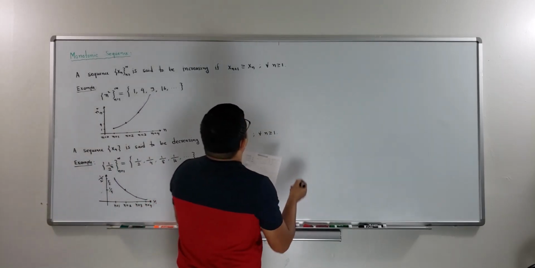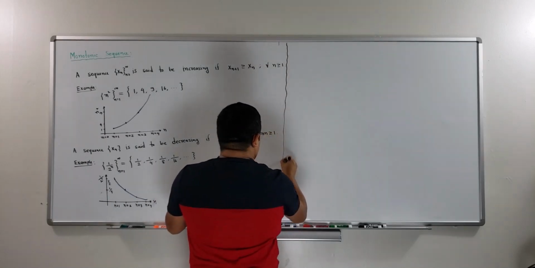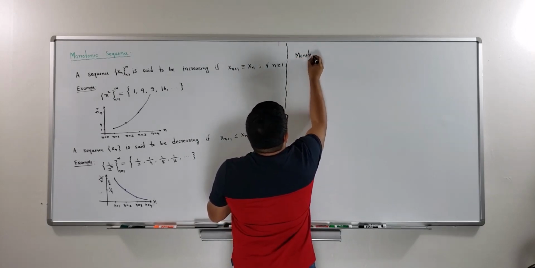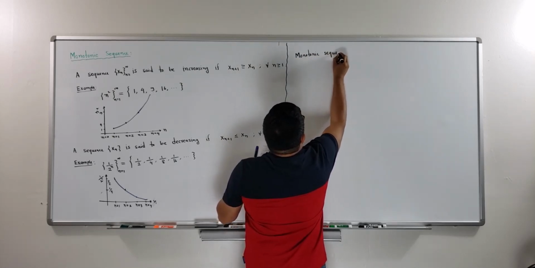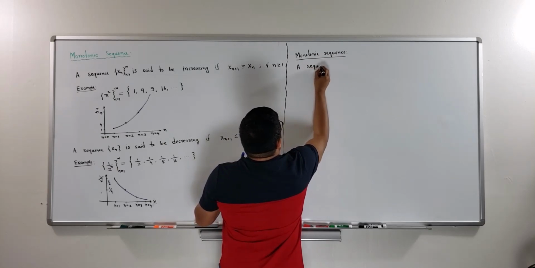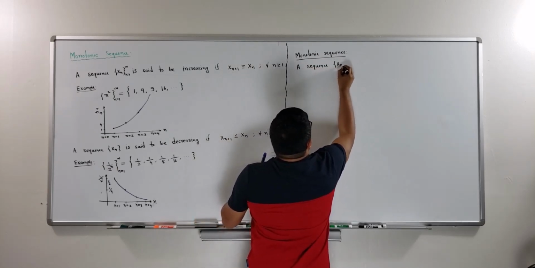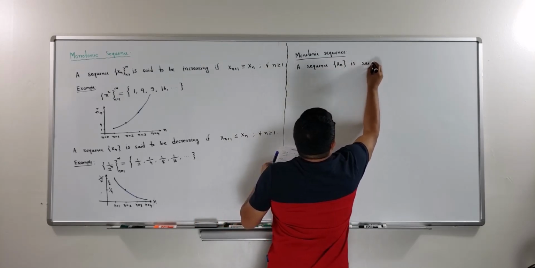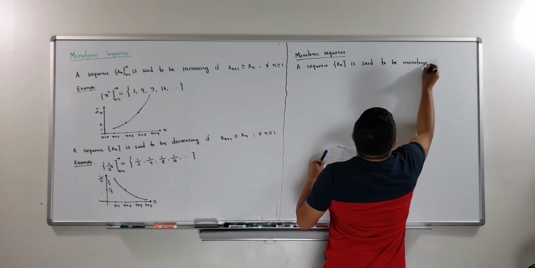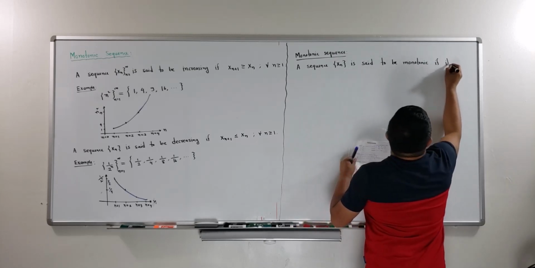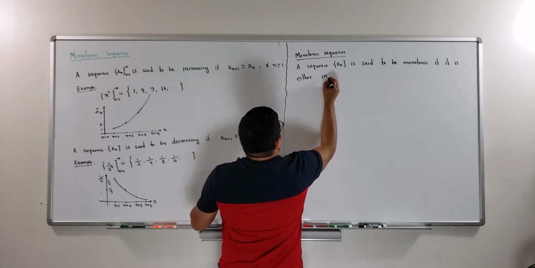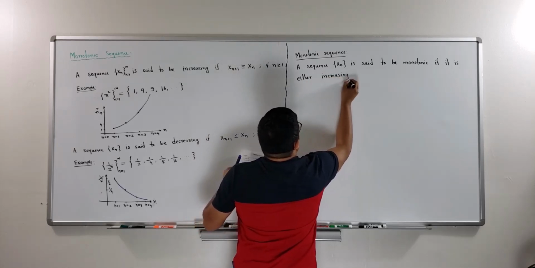The definition is: a sequence xn is said to be monotonic if it is either increasing or decreasing.